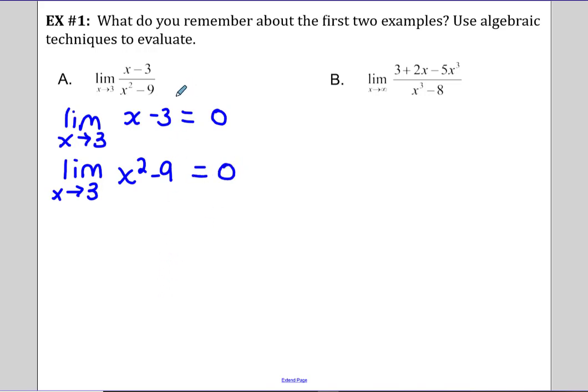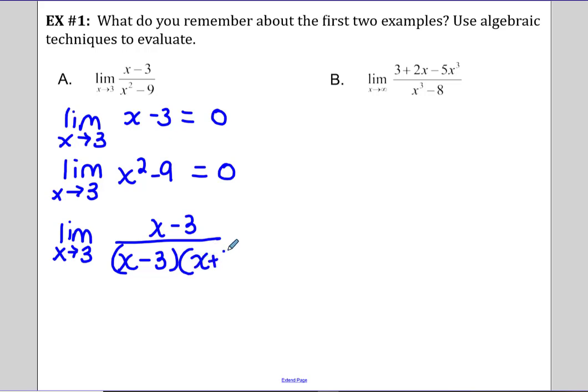So when we have 0 over 0, that was the reason to use L'Hopital's rule. But you could also, if you wanted to, recognize right away that by factoring the denominator, you could remove that problem at 3, and then evaluate the limit again, and that limit would be 1 over 6.